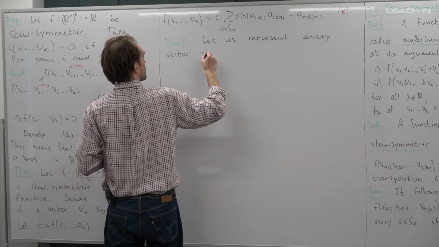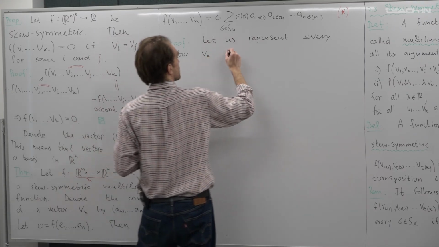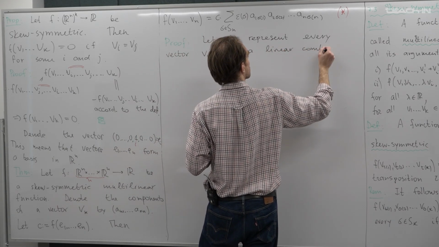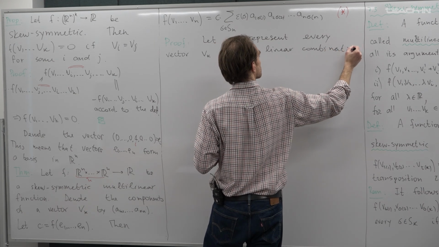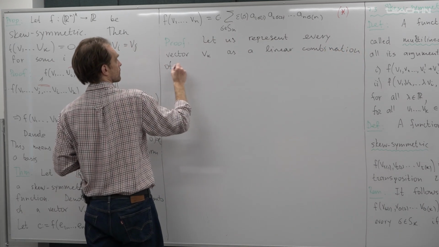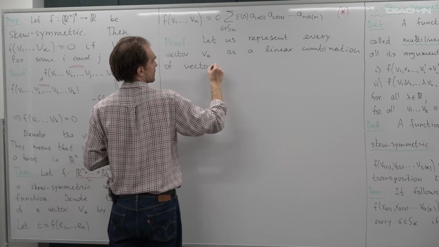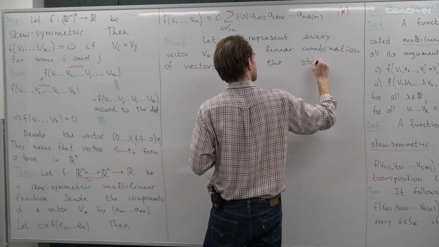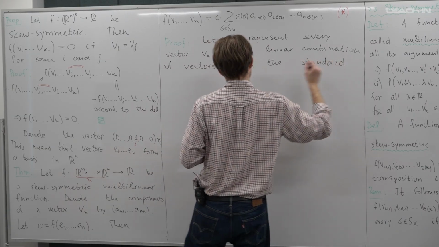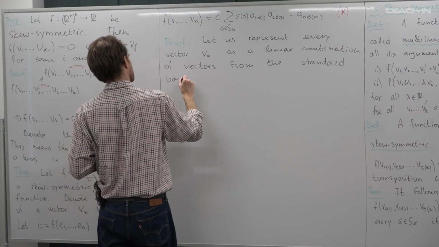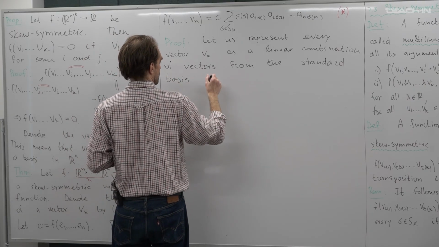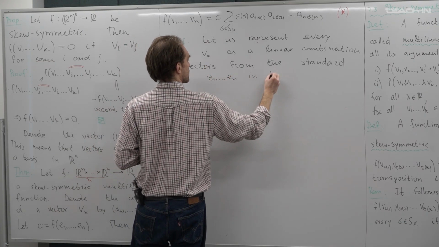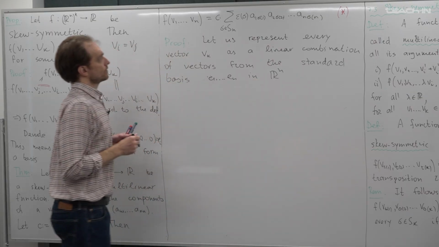Every vector v sub k as a linear combination of vectors from the standard basis e1, etc., en in the coordinate space Rn.